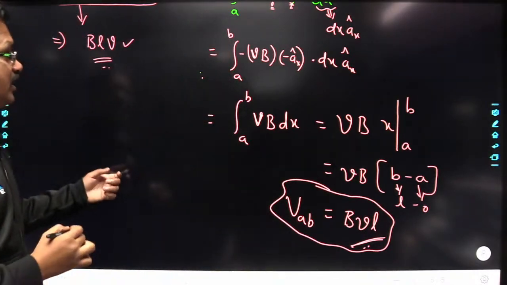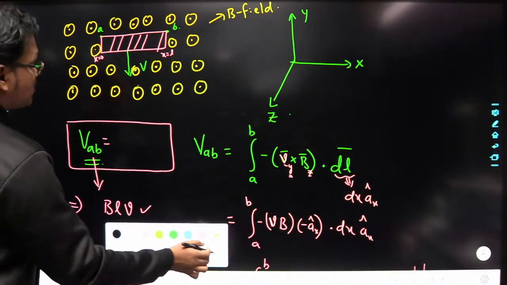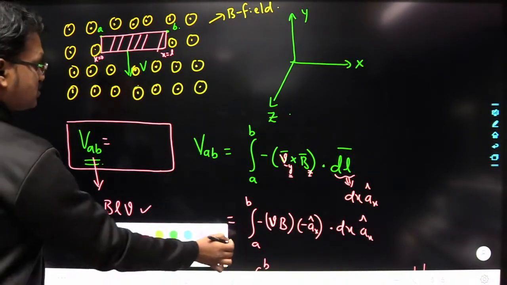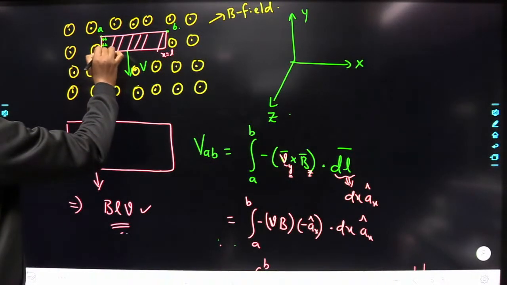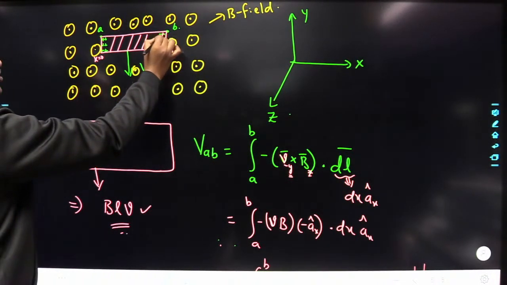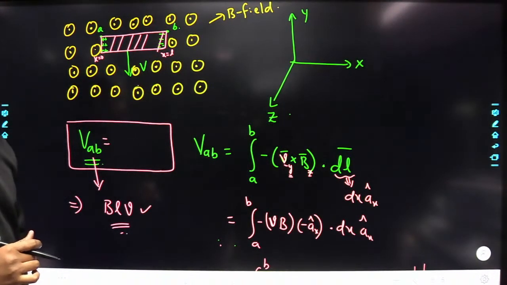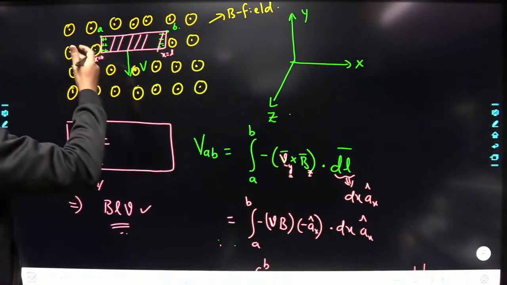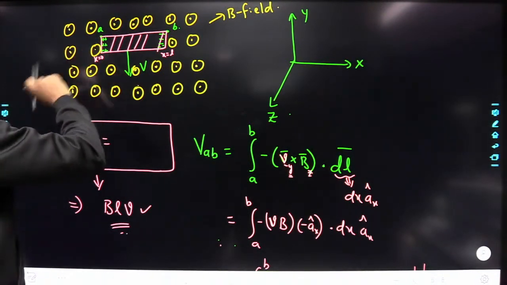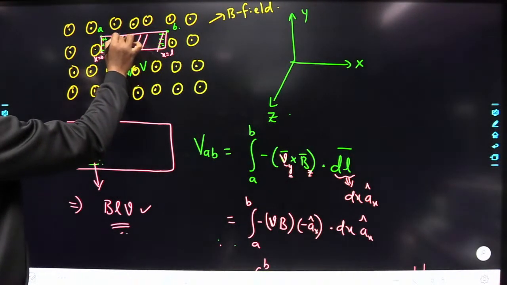So at the A end, what is the charge that will get accumulated? Here you are going to have positive charge, and here negative charge will get accumulated. The electric field is going to point in this direction.